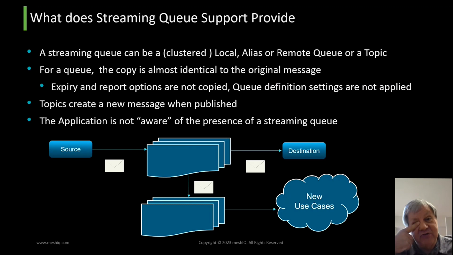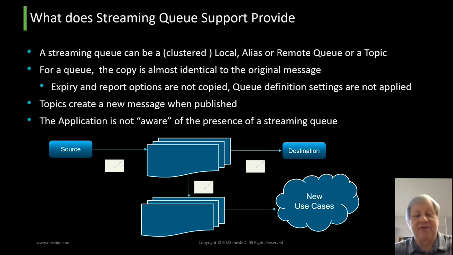So it allows you the ability to basically make a copy of that message and send it to some other place, right? And for a queue specifically, it's virtually identical to the original message. So anything that's in there, and I'll show you that, is sort of the same in both the original as well as the new message. And there's a couple fields as mentioned here that aren't copied, and we'll see that through demonstration.